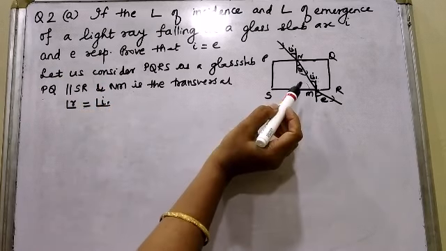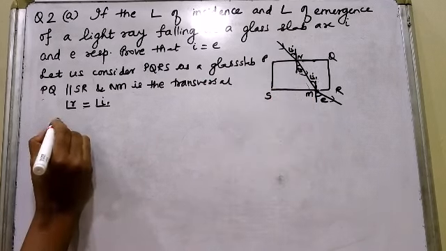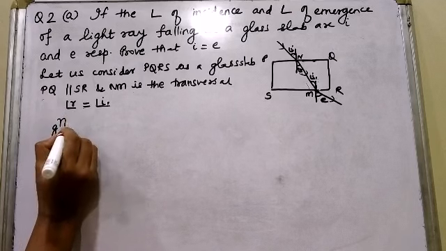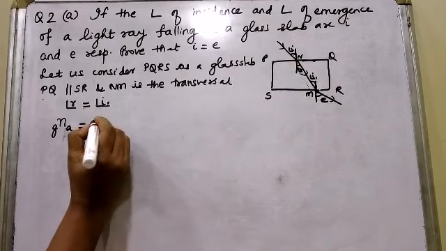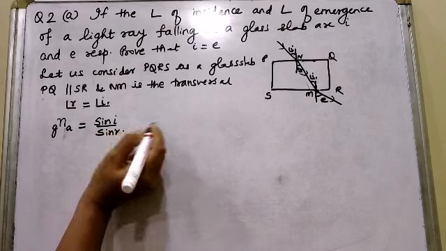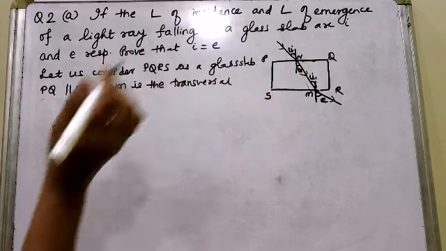Now, let us find out refractive index of glass with respect to air. It will be equal to sin I by sin R. What will be the refractive index of air with respect to glass, that is, second medium with respect to first medium?